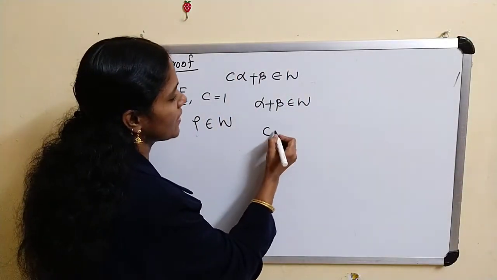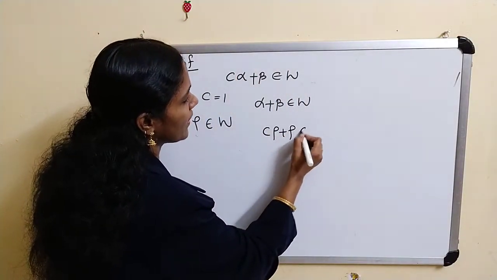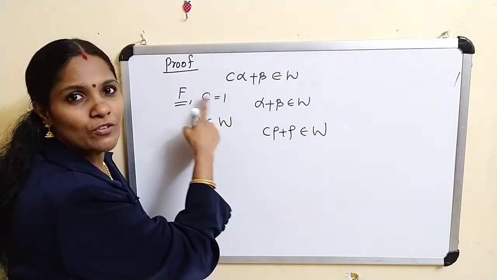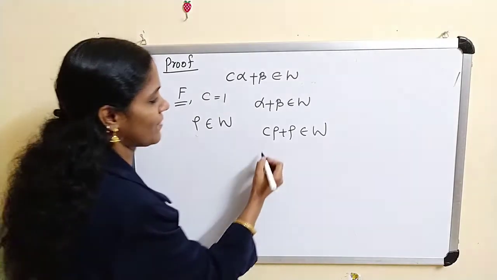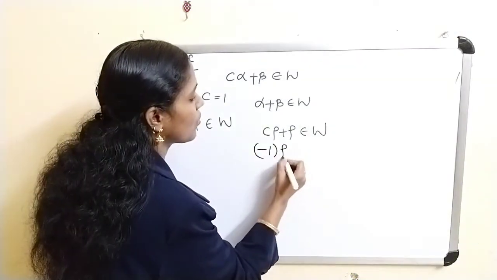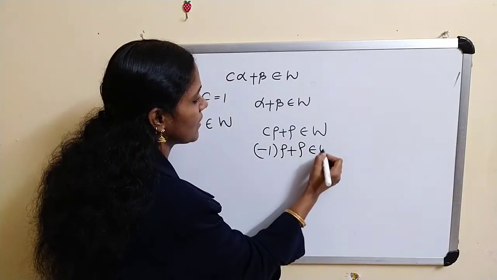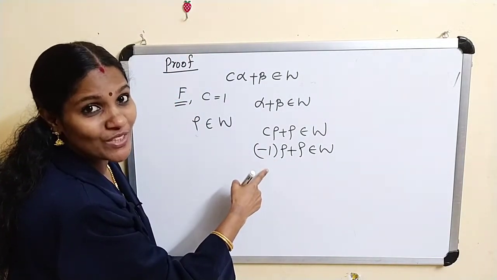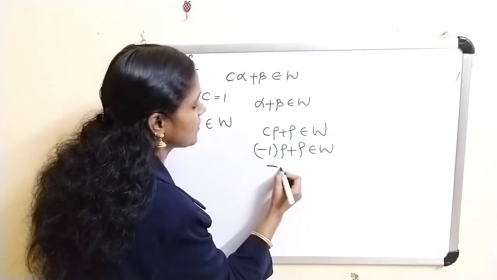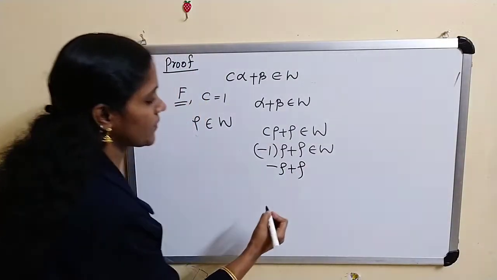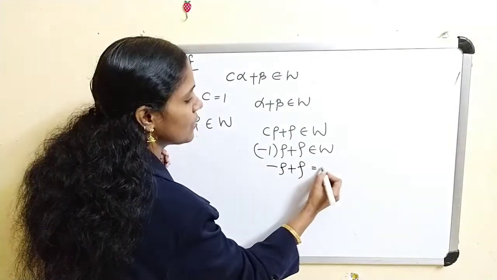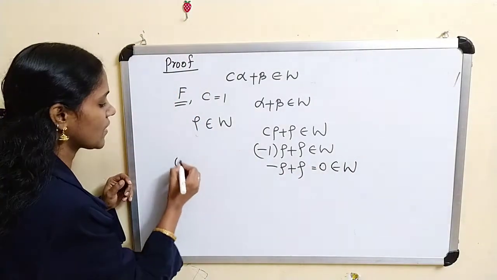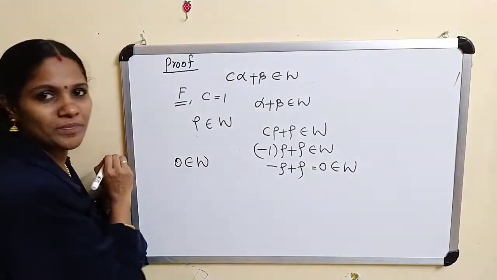So clearly C rho plus rho again belongs to W. F is a field, 1 belongs to F, therefore minus 1 also belongs to F. So minus 1 rho plus rho belongs to W. Just to recall the elementary property, minus 1 into alpha is minus alpha. Therefore this is minus rho plus rho, and this is equal to 0 and clearly belongs to W. Therefore 0 belongs to W.